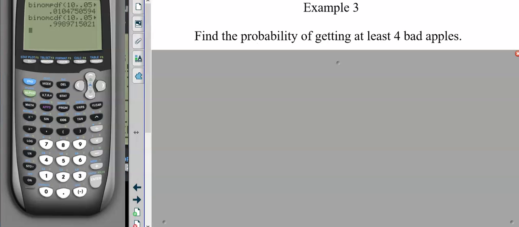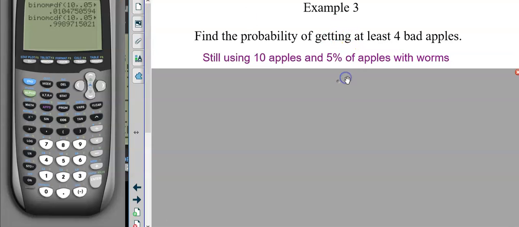All right, so for example 3, we're going to find the probability of getting at least 4 bad apples. We're still going to say there's 10 apples in all, and 5% of the apples will have worms.